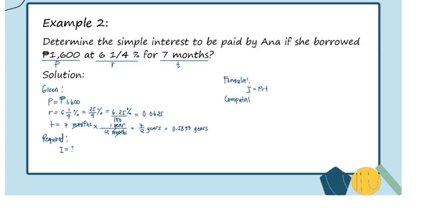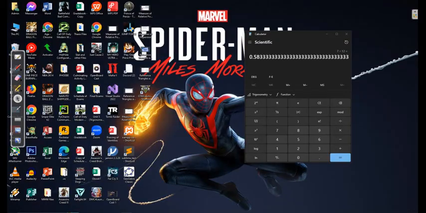So, if we do the computation, that would be I is equal to P, of course, we have 1,600. And then our R, which is 0.0625, and then our time, which is 0.5833. But we could use 7 over 12, by the way, for that case as well. But for this case, let's try to do na lang yung 0.5833 since nandito naman tayo. So you could check that one as an assignment, no?